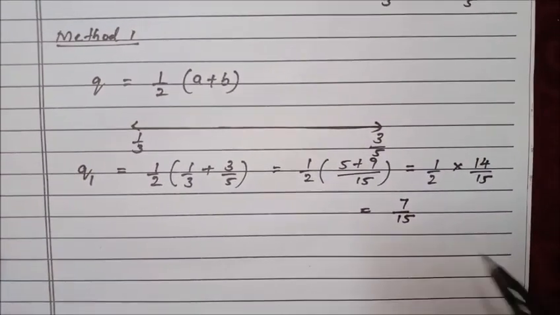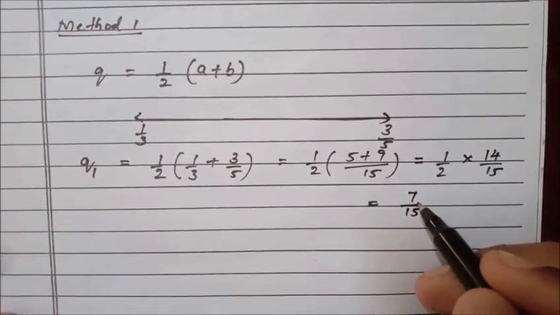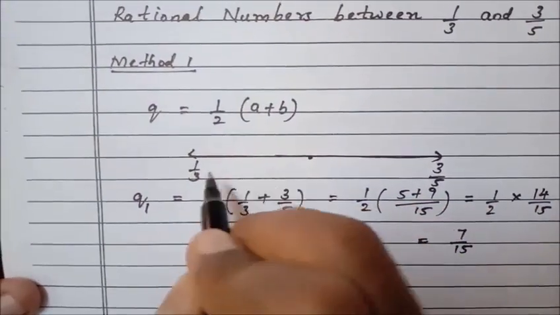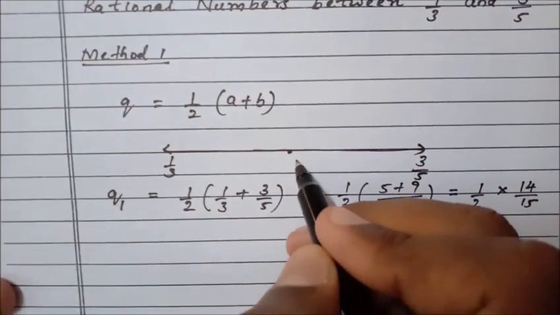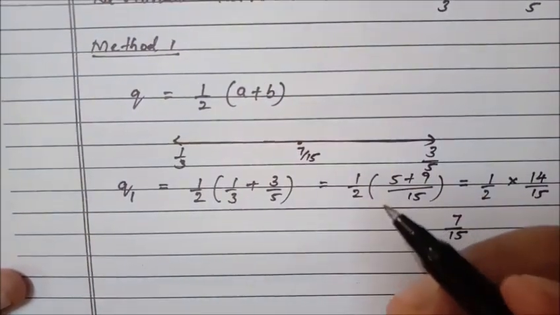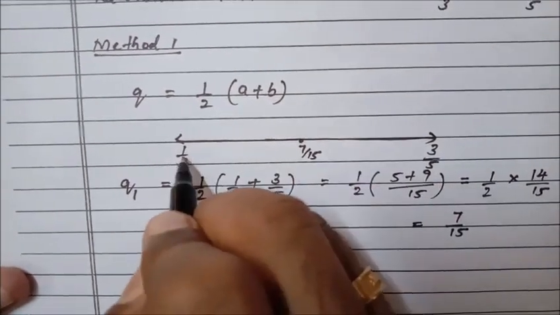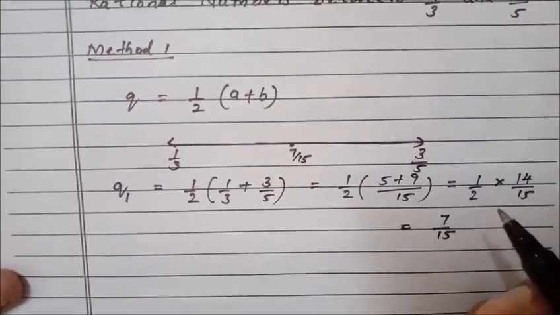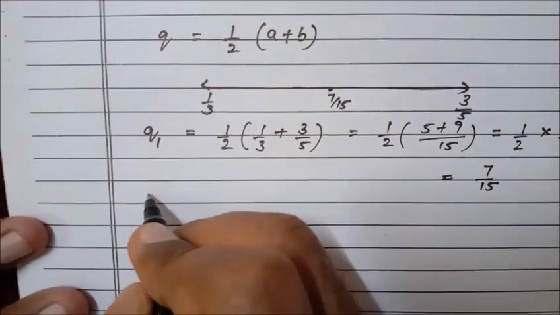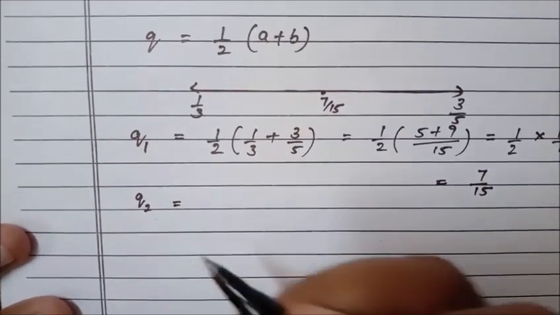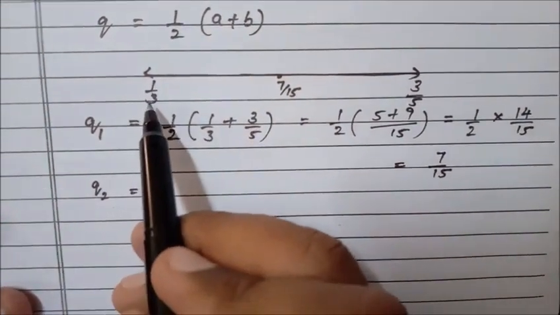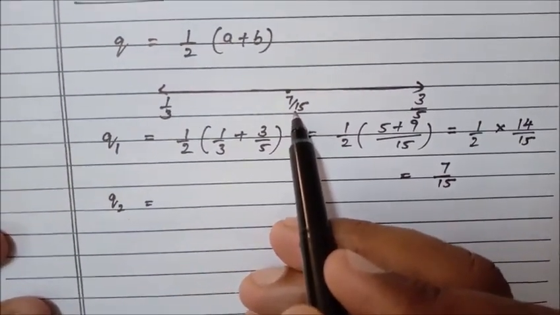So the first required rational number is 7 upon 15, which comes exactly in the middle between 1 by 3 and 3 by 5. So 7 by 15 can be marked between 1 upon 3 and 3 upon 5. So we got one rational number. Now the second rational number Q2 can be formed by considering either 1 by 3 and 7 upon 15.